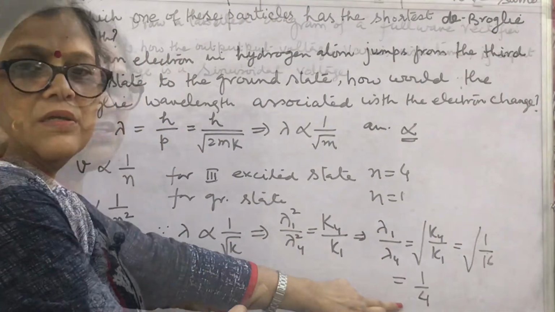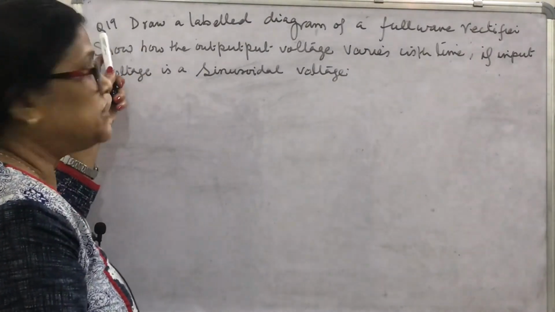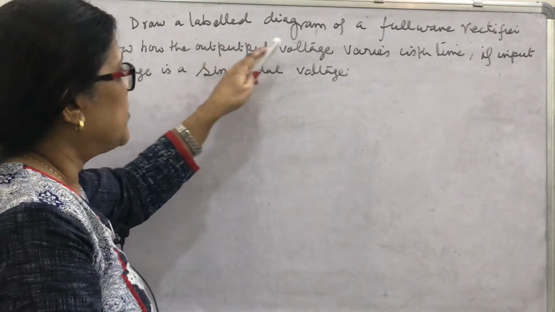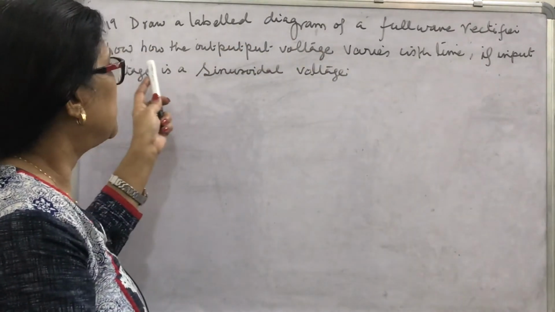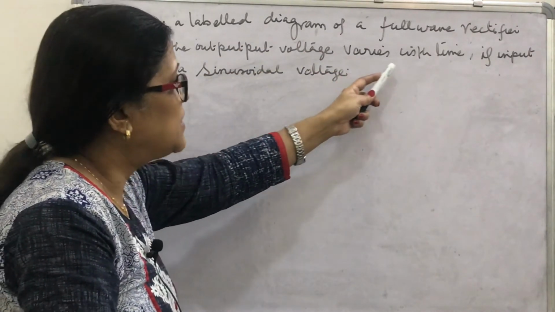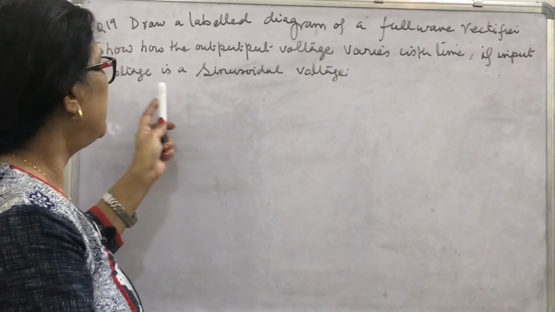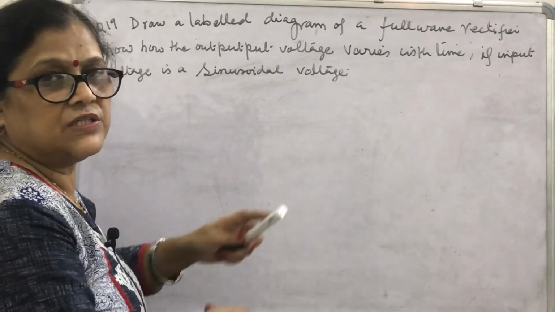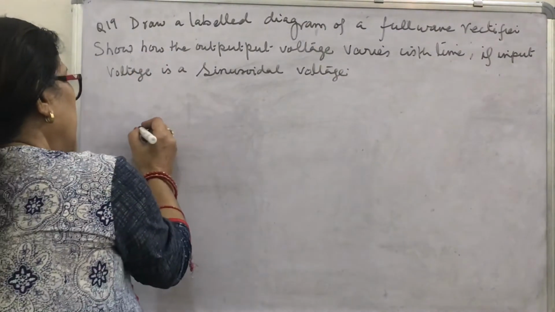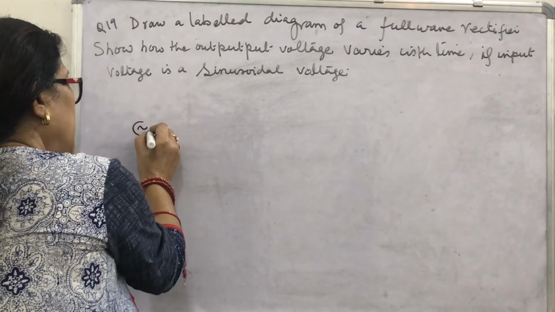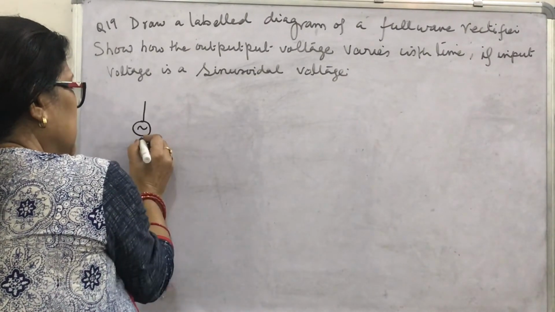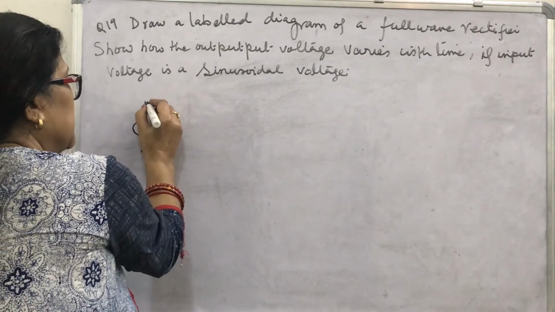Look here. See the last question of Section C, question 19. Draw a circuit diagram of a full wave rectifier. Show how the output voltage varies with time if the input voltage is a sinusoidal voltage. You know the input is applied from the, what is this, the symbol? AC source.